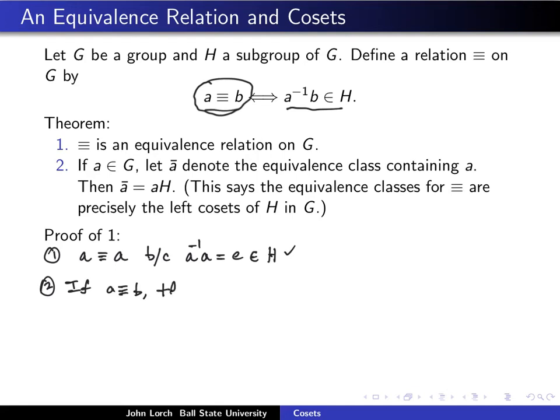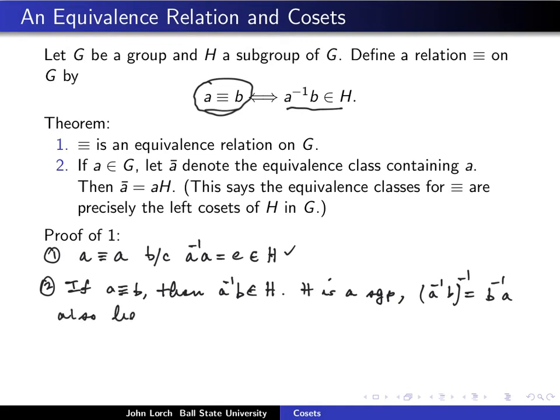So this says that A inverse B is in H. Because H is a subgroup, I know that the inverse of this thing must also lie in H. And that inverse, remember, is B inverse times A. But remember, B inverse A lying in H is the same as saying that B is equivalent to A. Okay, so therefore this relation has a symmetry property.